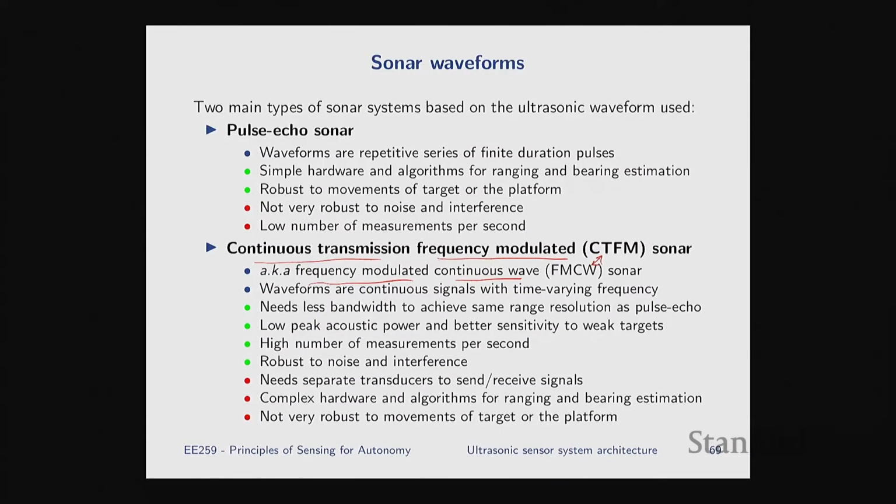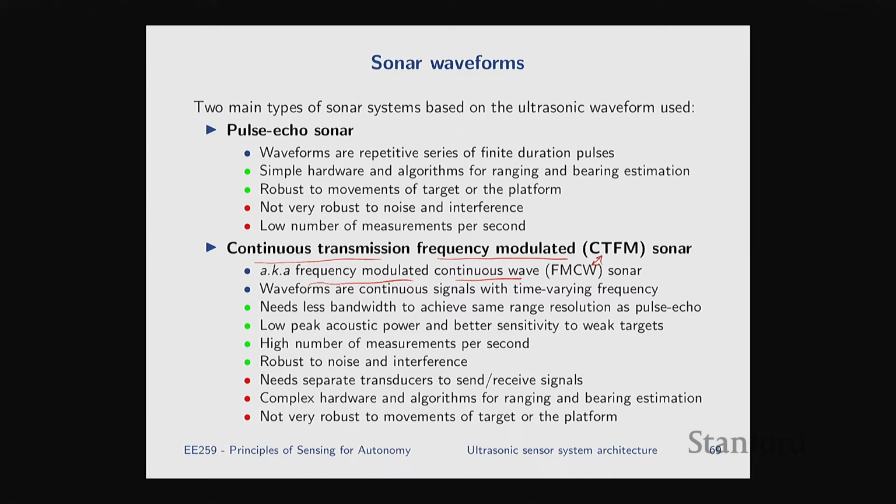The thing is that for pulse echo systems, and here we are talking in the context of sonar, but exactly the same type of waveforms are used in radar and LiDAR as well, what really is the main drawback is that the type of DSP, signal processing, that you can do is very limited in these systems.